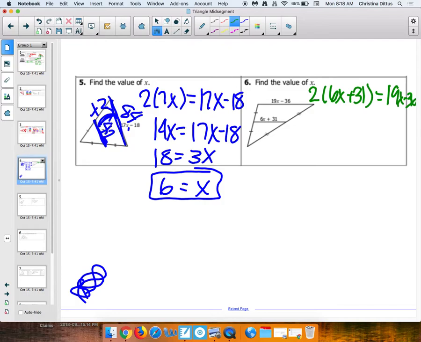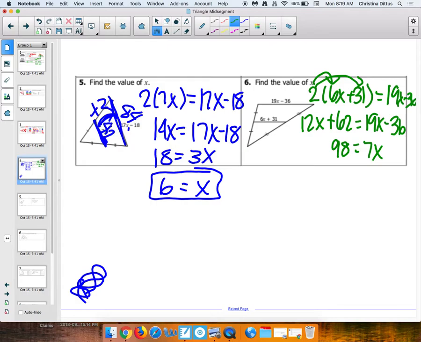Okay, algebra. I got 2 in parentheses. What do I gotta do? Distribution. Distribute 2 times 6 is 12. Don't forget to do your 2 times 31. We get 62. Plus 36, and I get 98.